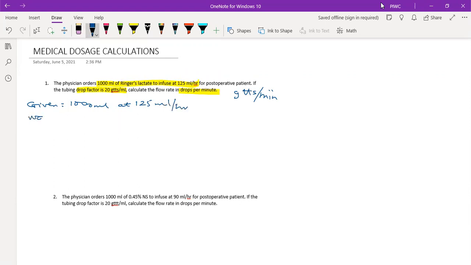And then your wanted, what you want to arrive at, the wanted quantity, is GTT per minute, drops per minute, and have your drop factor.